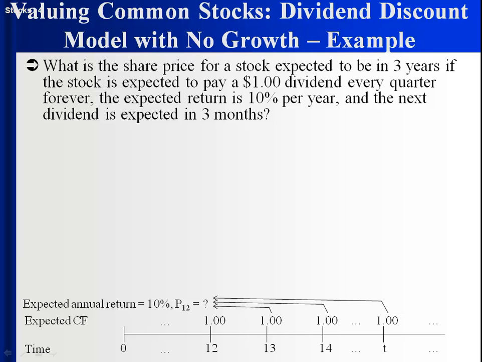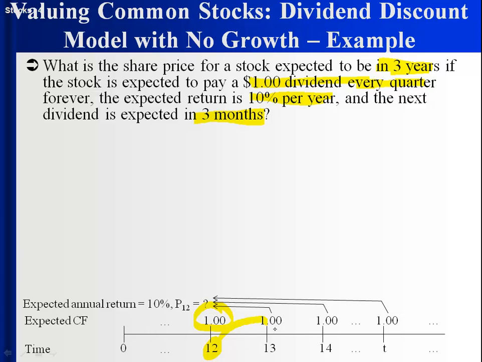Now we want to know what the price of the stock is expected to be in 3 years. The stock pays a $1 dividend every quarter forever, the return is 10%, and the next dividend is expected in 3 months. So basically, the stock we just looked at: what do we expect the price to be in 3 years? Well, 3 years is 12 quarters. So we're going to get out of our time machine. Even though there's $1 that's going to be paid on that day, it gets paid in the morning, we value in the afternoon.